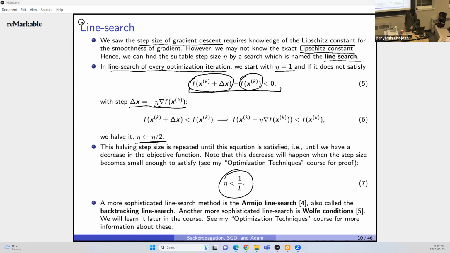This is called Armijo line search. Armijo was also a great scientist in optimization. You see his name a lot across optimization. Armijo line search is also called backtracking line search. Another more sophisticated line search is the Wolfe conditions. For more information, see my optimization course.